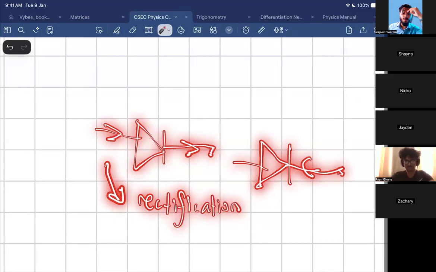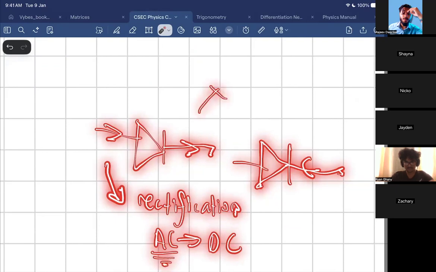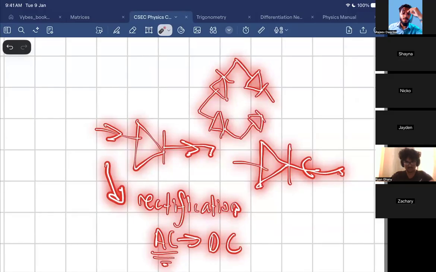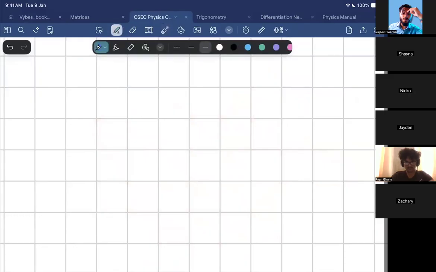And rectification is when they convert what to what? Do any of you guys know? AC to DC. Do you know what AC stands for? Alternating current. Right. So you use a semiconductor diode when you convert AC to DC. Remember that. AC to DC. And you guys will learn about full wave rectification.